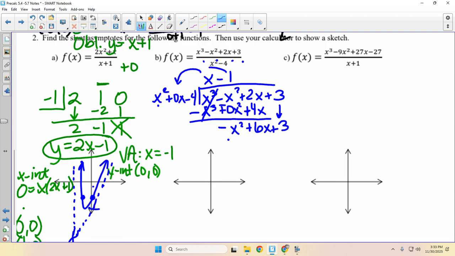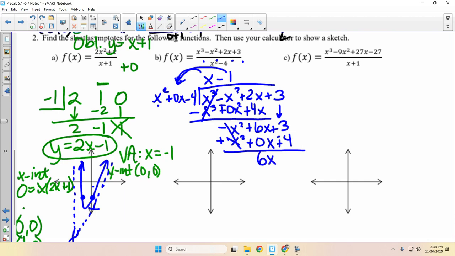And then everything here gets multiplied by negative 1, so that's negative x squared, negative 0x, positive 4. And then we change the sign of everything. Negative x squared plus x squared is 0. 6x plus 0x is 6x.